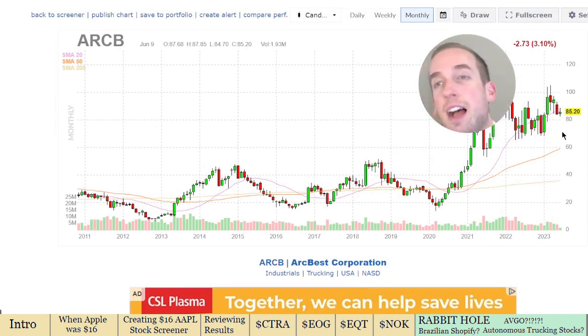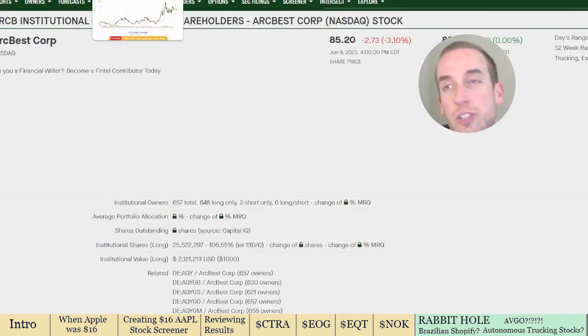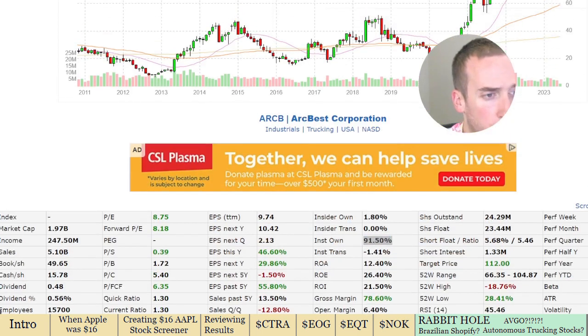Institutions, I'm sorry, I'm thinking institutions are buying. So institutions own 106%. Last was 91.5. That's huge. So trucking, I don't know anything about the trucking industry, so I don't know how to feel.